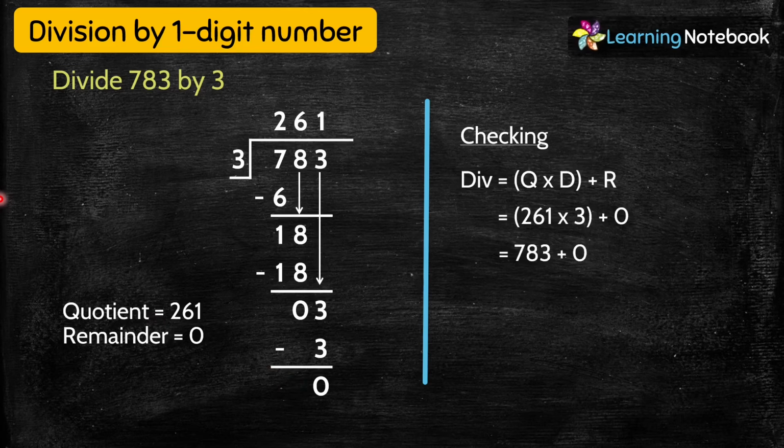So 261 multiplied by 3 equals 783, plus 0 equals 783, which is same as the given dividend. So it means our quotient and remainder are correct.